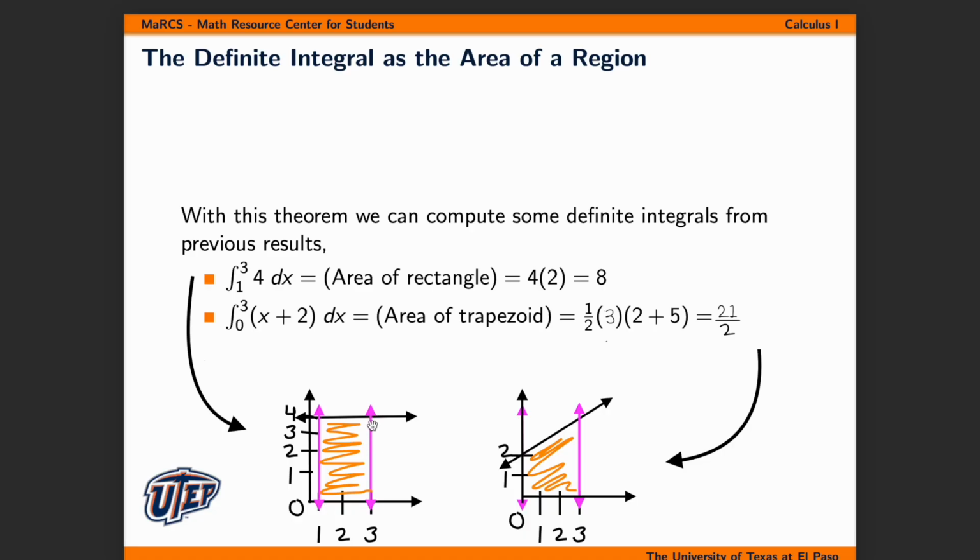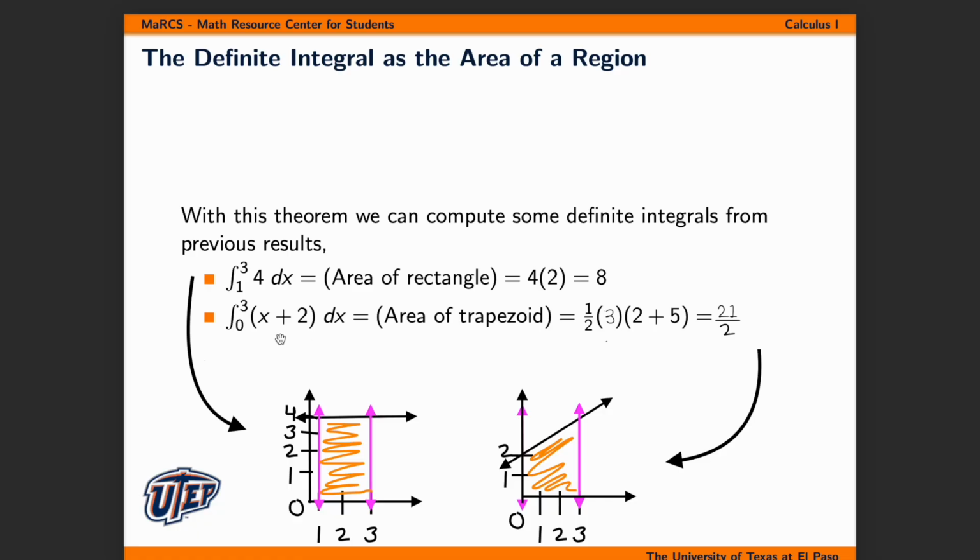And then our length will be 4 units, because we are bounded between the x-axis and our line y equals 4, so that distance is 4. So that means that the area of the rectangle right here will be equal to 4 times 2, which is equal to 8.